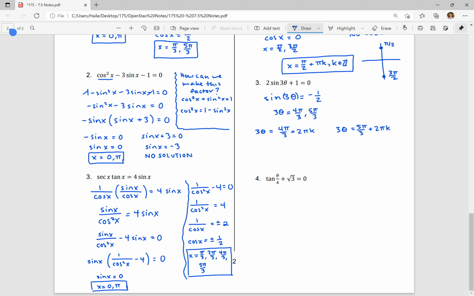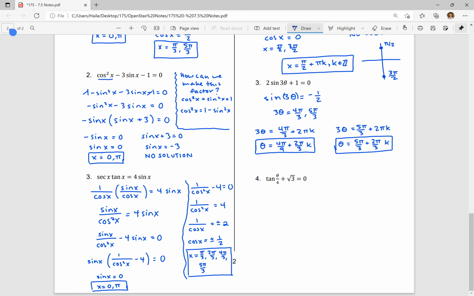But when we do that, we not only divide the angle, we divide the period as well. So when we divide by 3, we're going to get theta is equal to 4 pi over 9 plus 2 pi over 3 times k. And the other solution, we're going to get theta is equal to 5 pi over 9 plus 2 pi over 3 times k. So these are our 2 general solutions.